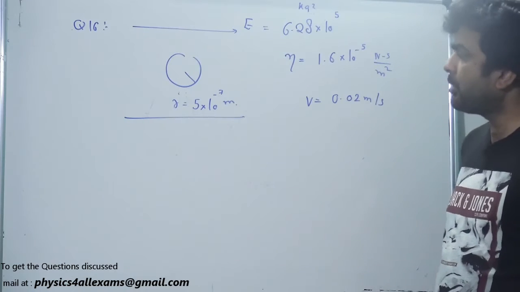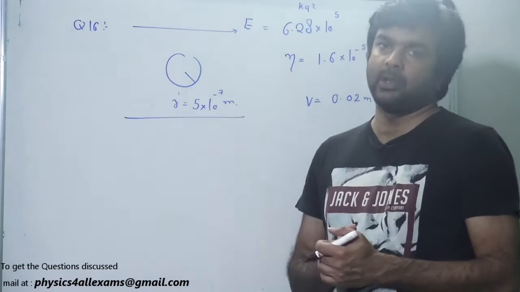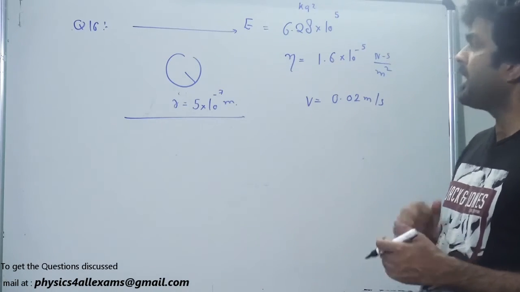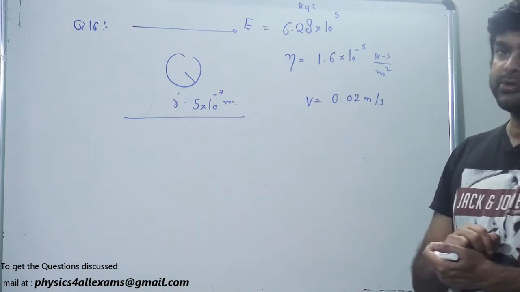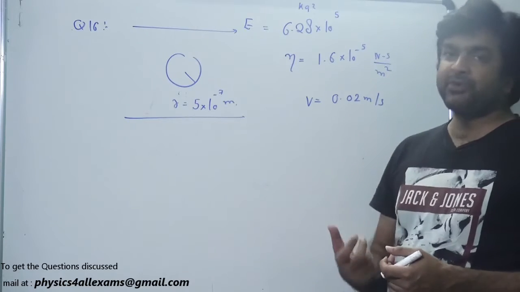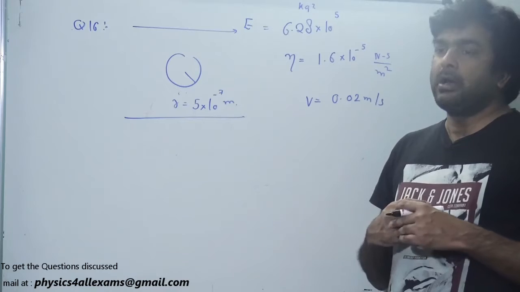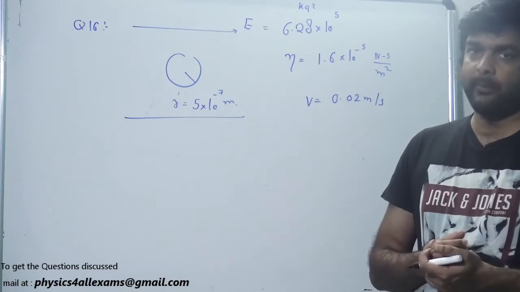So actually in this problem, we do have to ignore the gravity. The motion is dominantly because of the electric field, and because of the viscosity there will be a drag force acting on the particle, which will lead to the particle attaining terminal velocity after some time.